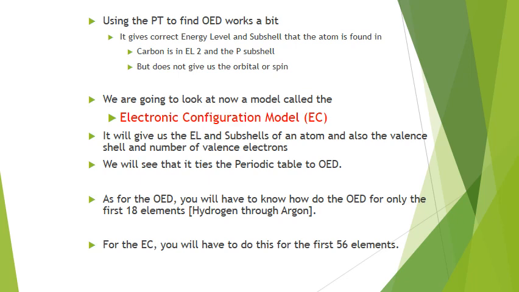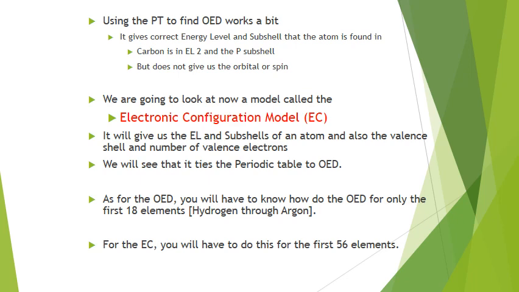Okay, and we'll see how the periodic table and the orbital energy diagram are connected. We already saw that they are, but we'll see it again in a minute. Again, for the orbital energy diagram, I just want you to be able to do the first 18 elements. But for this model, you're going to have to be able to do up to 56 elements.